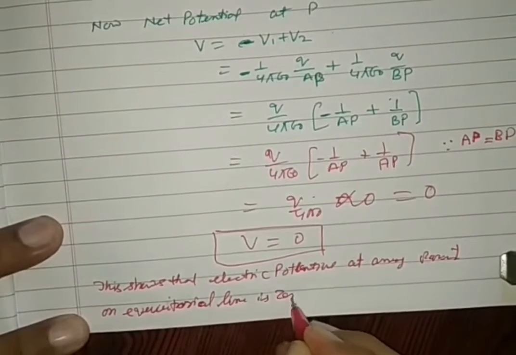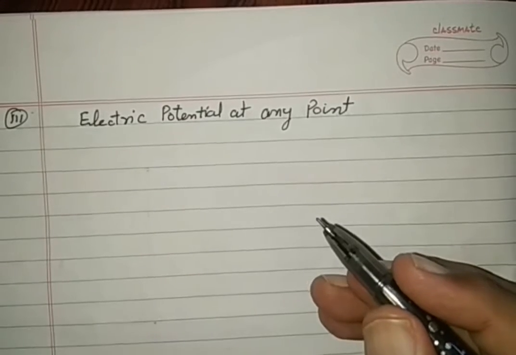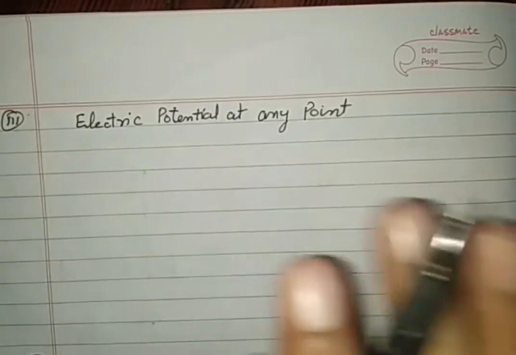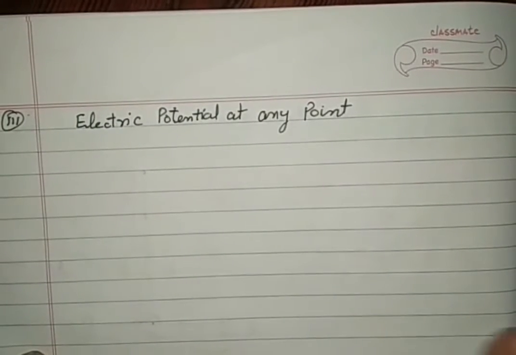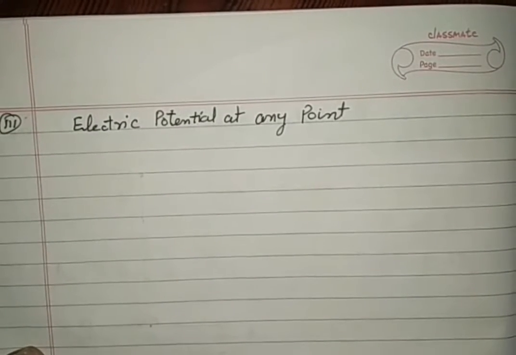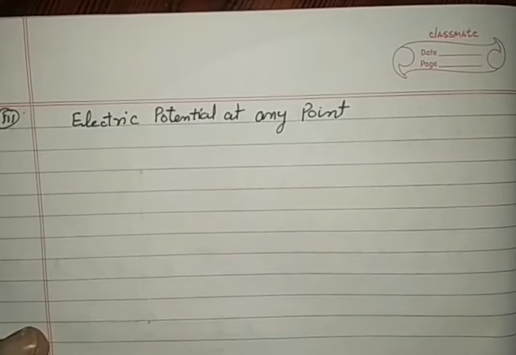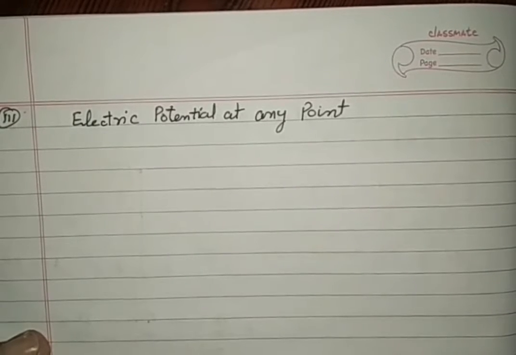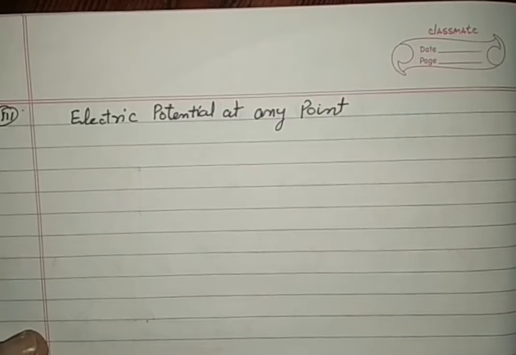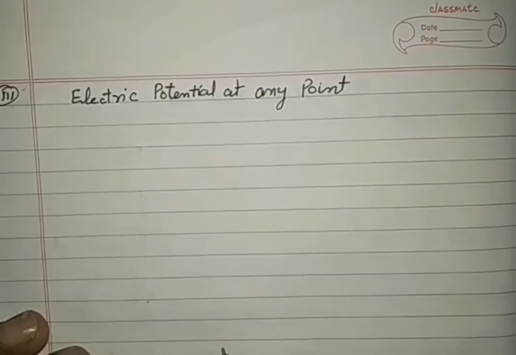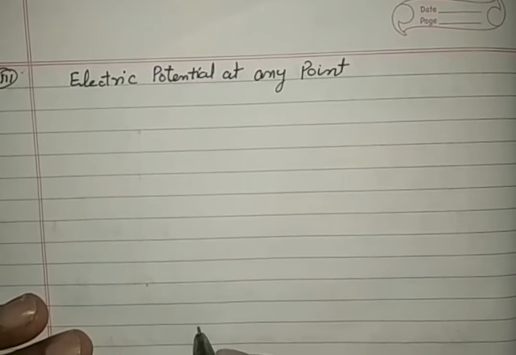Now we are going to see the third case, that is electric potential at any point. To see the electric potential at any point, let us consider this diagram very carefully. Then you can understand the fact.